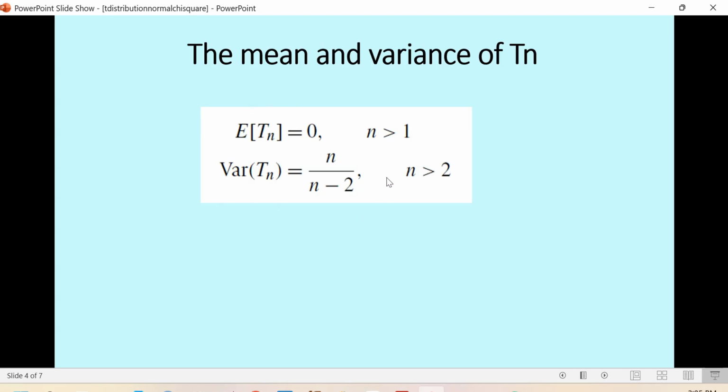The variance is the degrees of freedom n divided by n minus 2. So if n is very large, the variance or standard deviation of the t distribution is close to 1.